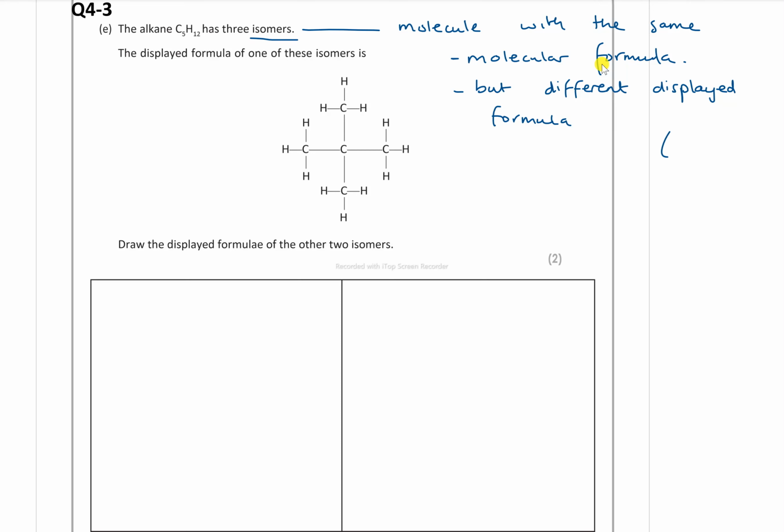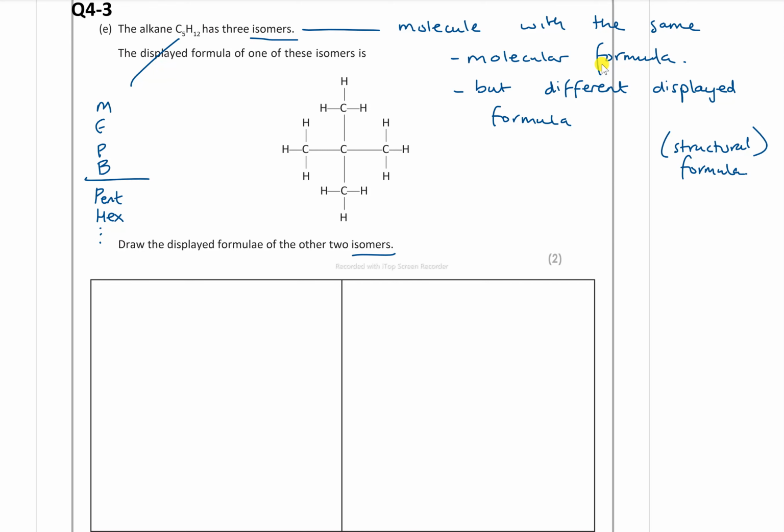I could have written structural formula. Right, I've got 5 there, so monkeys eat peanut butter. Then after that, remember what I said, 5 is pentane, because a pentagon has 5, hexane, hexagon, and so on.